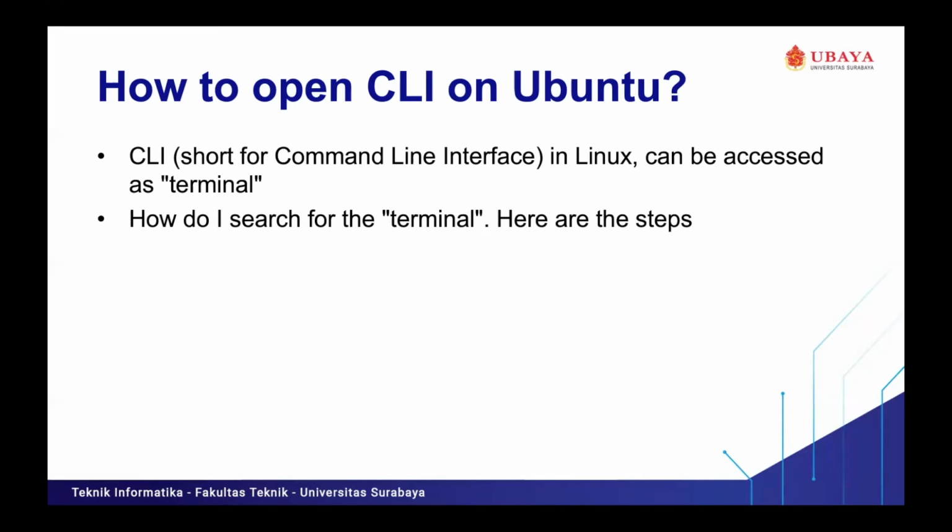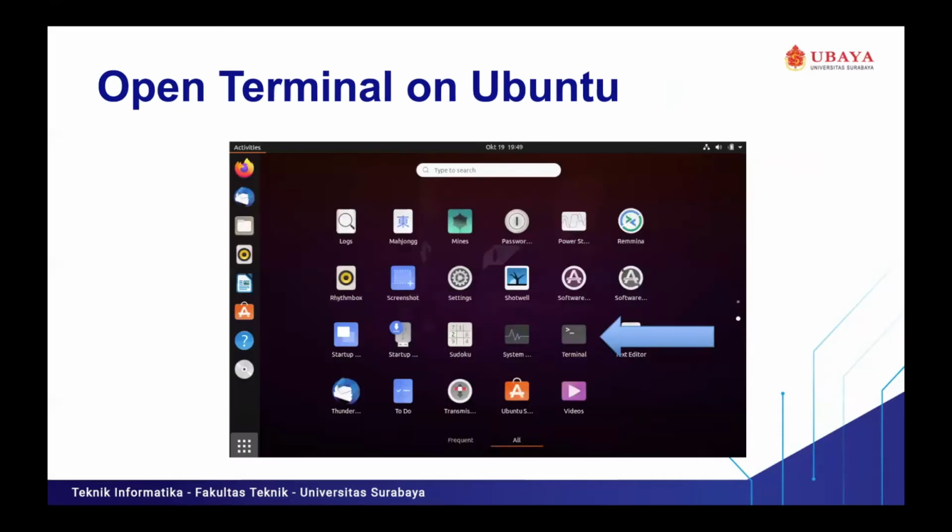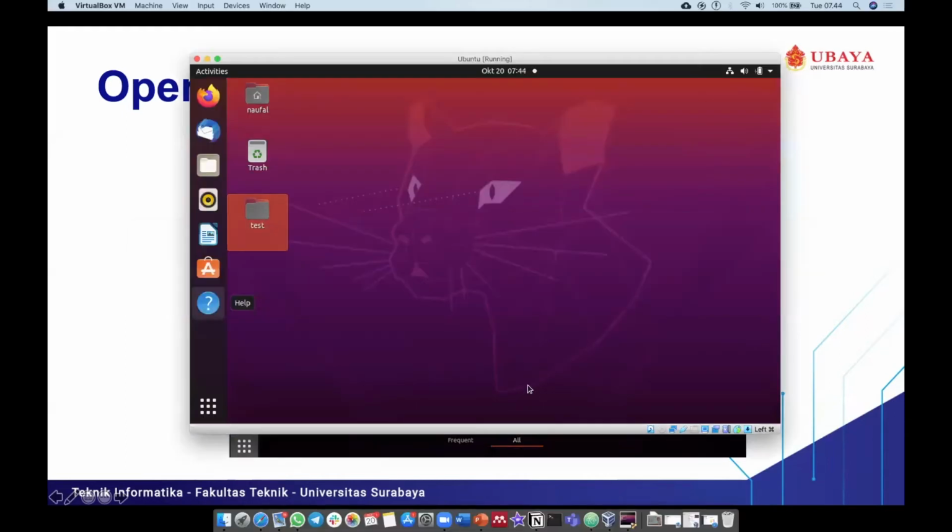How do I search for the terminal? Here are the steps. You can use the right mouse button, and you will see this button. As you can see here, you just click on this button, then you will find the terminal, right? I will show you how to open the terminal.